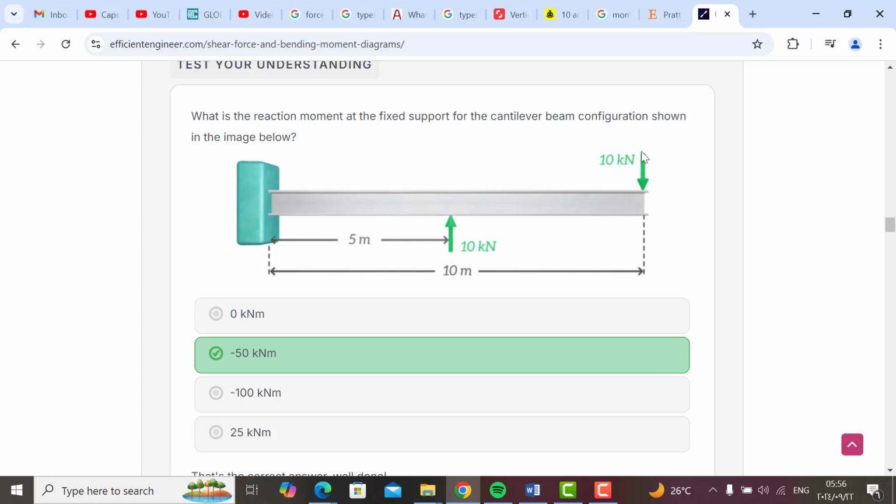We have one moment about this point, 10 kilonewton times this 10 meters, we have 100, and in the other rotation, this clockwise, this anticlockwise, we have 10 by 5, we have 50 kilonewton. So the summation, or the result, total moment will be minus 50 kilonewton meter.